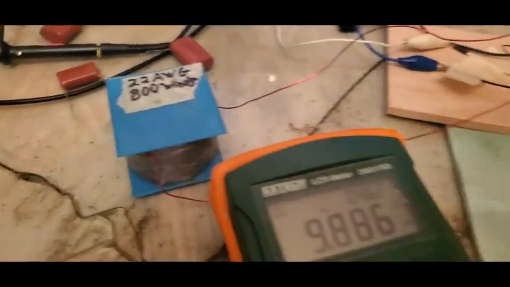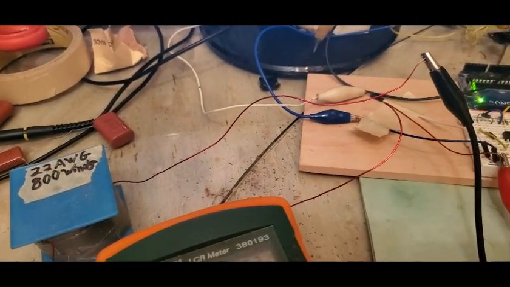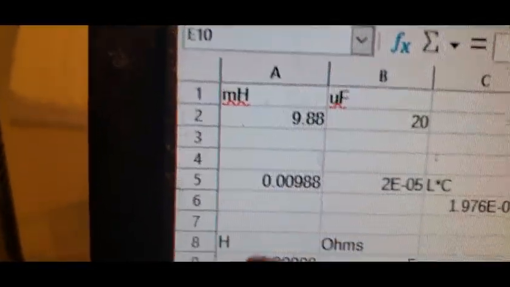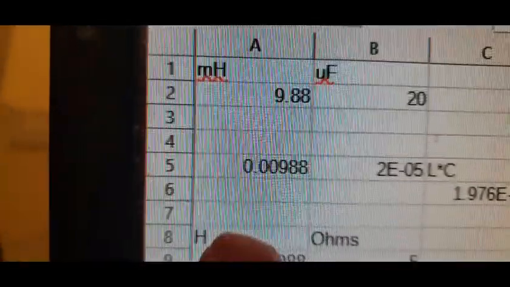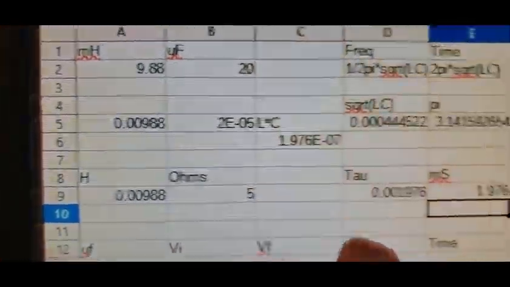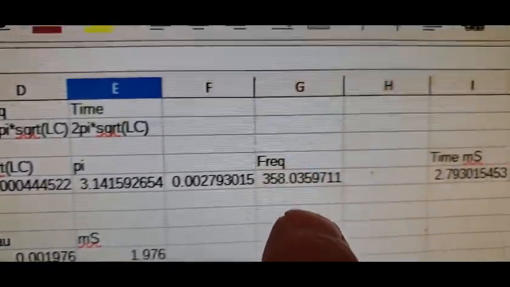Okay, what's the tau time of this coil? To get that, we need to know the resistance. So the resistance here is 5 ohms for this coil. We said it was 9.88 millihenries, so that many henries, 5 ohms. So your tau time is that many seconds or that many milliseconds.